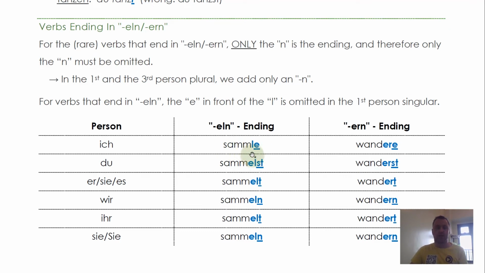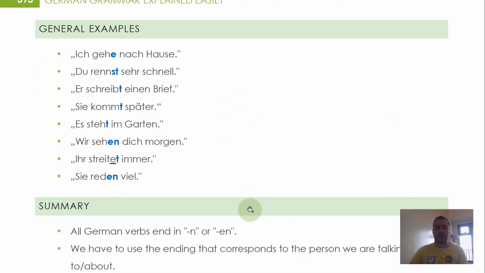So those are the exceptions from the regular conjugation, but regular conjugation is always E, S, T, T for he, she, and it, and then EN, T, or EN in plural, you, in plural, third person plural, or the formal way like here.